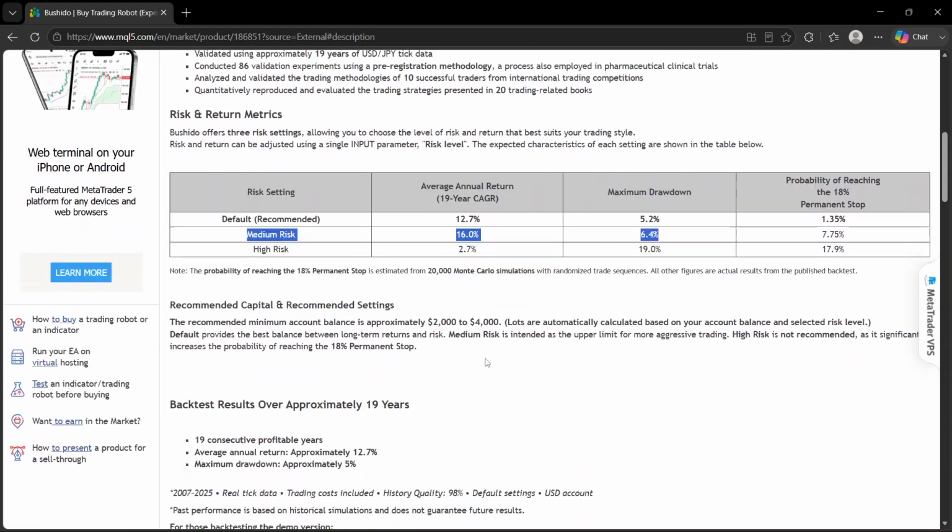Now on the risk management side, they're pretty vocal. Automatic position sizing, as I said earlier, a hard daily loss break at 6% of the day's starting equity, and a permanent stop at 18% equity drawdown from peak.